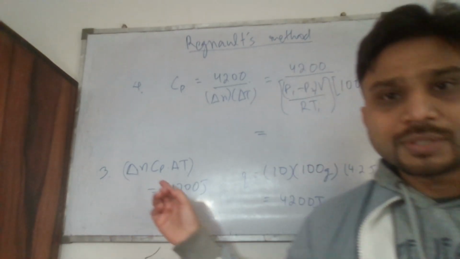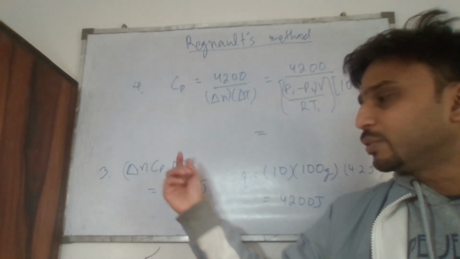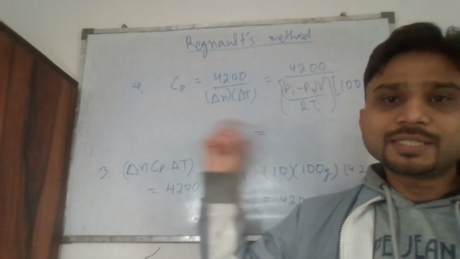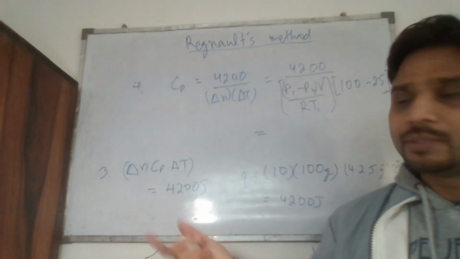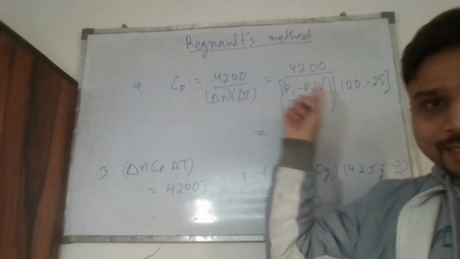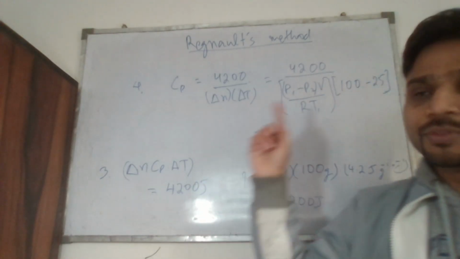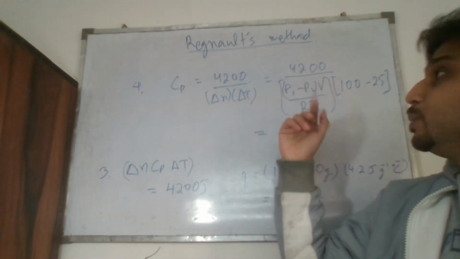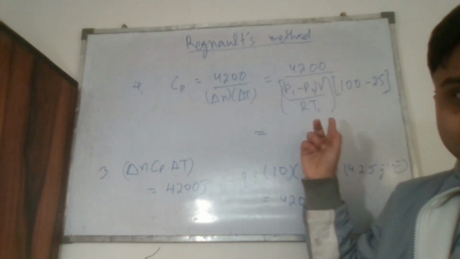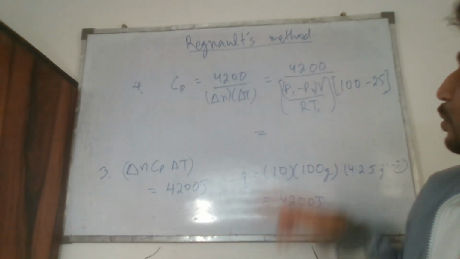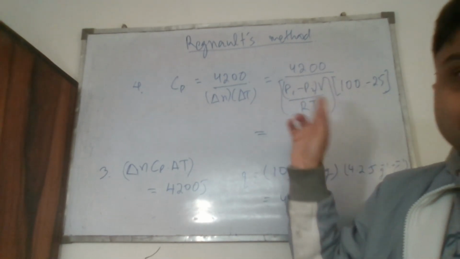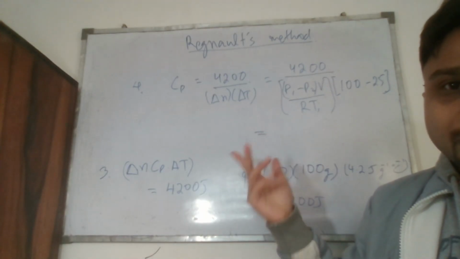So this change in moles is basically the amount of gas we have taken out. Whatever gas we have taken out, that only is supplying the heat to us. So that delta n we have substituted here. That is the big expression you might be seeing: P1 minus P2 into V upon RT1. This T1 is the initial temperature, which is 300 kelvins. R is 8.3, volume is 40 cm cubed, which is 4 into 10 to the power minus 2 liters.